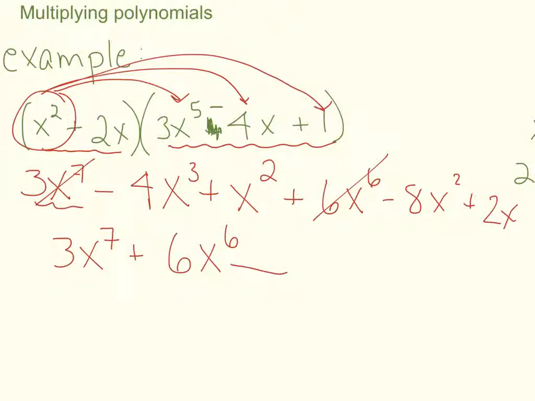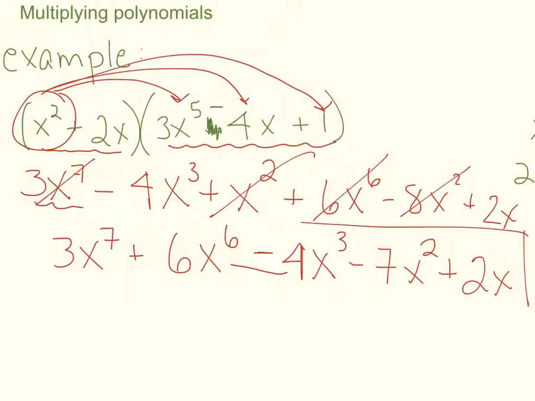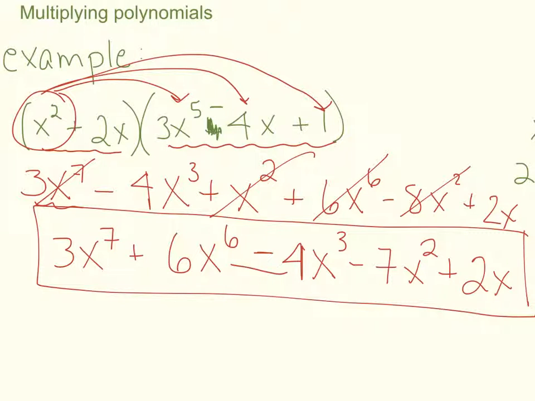The next lowest term is minus 4x to the third. And then we have two terms that involve an x squared, 1x squared and a negative 8x squared. So that's going to give us minus 7x squared. And finally, we are just left with a plus 2x. So that's our final answer.